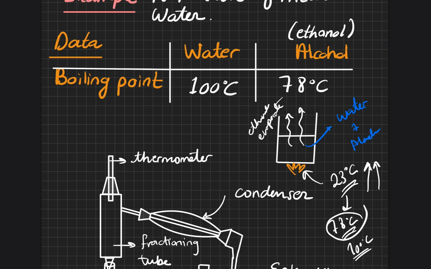Water is going to evaporate. So water evaporates. At what temperature? At 100 degrees Celsius. And what we do is somehow we're going to collect the vapor of ethanol first and then of water, and that's how we're going to separate the mixture, okay?